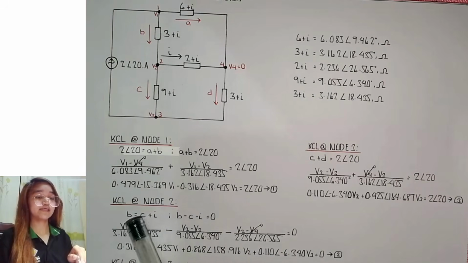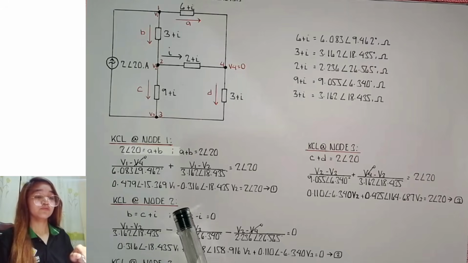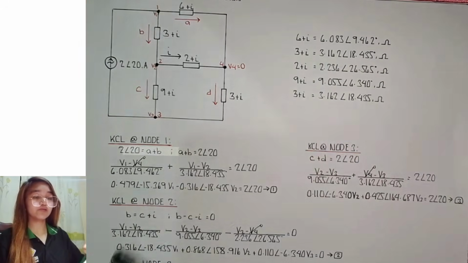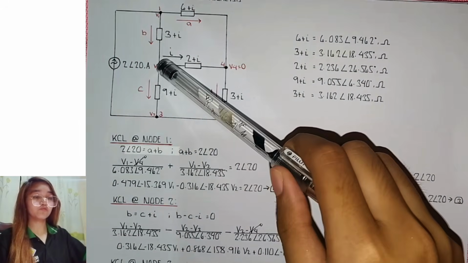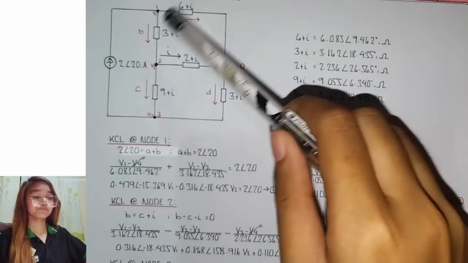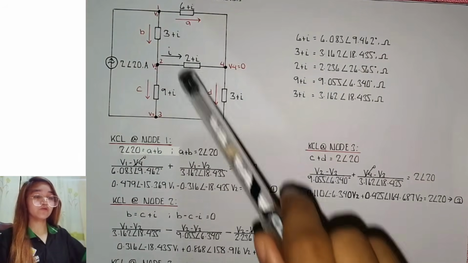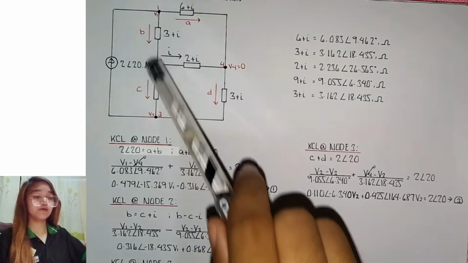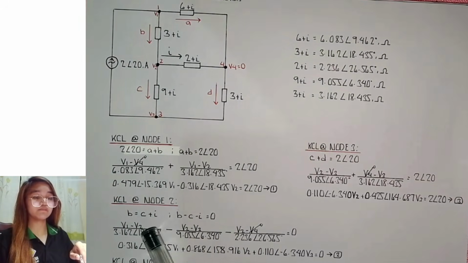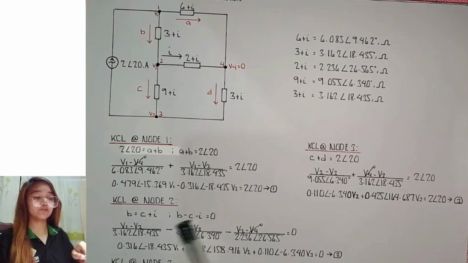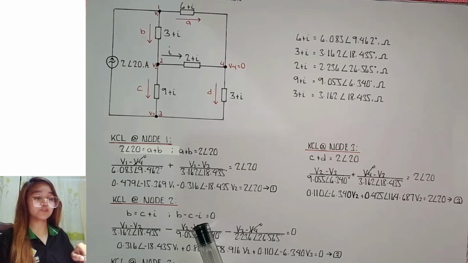So next is KCL at node 2. So at node 2, our equation is, going in, B, is equal to going out, C and I. So C plus I. So the equation now is B minus C minus I is equal to 0.